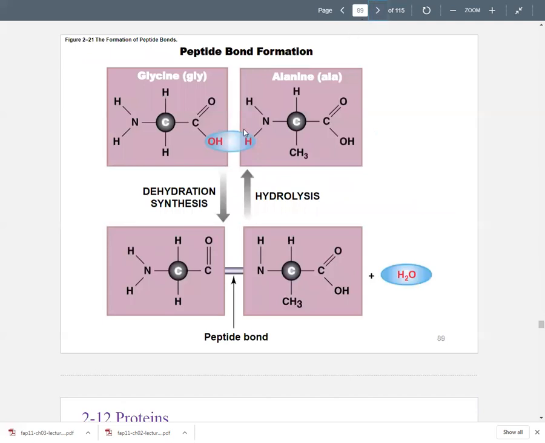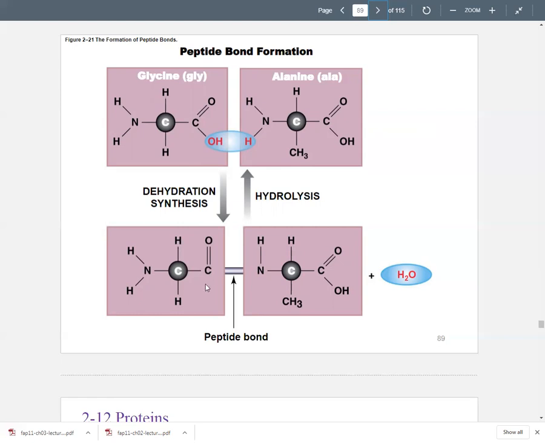All right, so here's forming the peptide bond. There's 2 amino acids. I'm not asking you to memorize all of them. What I am asking is just to know this is what changes, the side group. Take the OH from the carboxyl group, hydrogen from the amino group through dehydration synthesis.